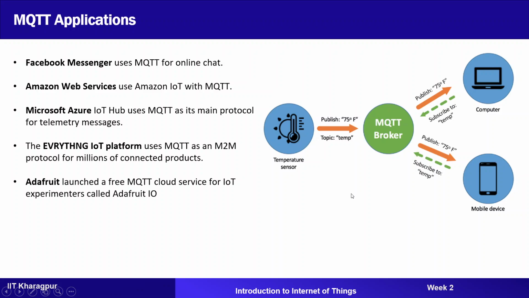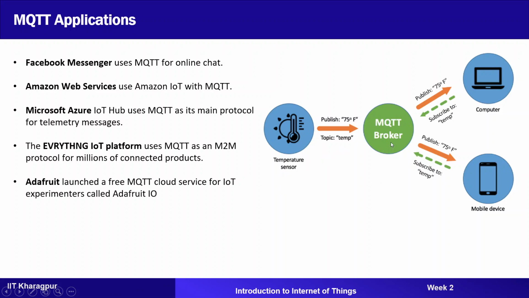These are the different devices which subscribe to the service, and the service is to get the temperature value. Here is your publisher. This publisher is the temperature sensor which is going to publish the temperature value after regular intervals of time.